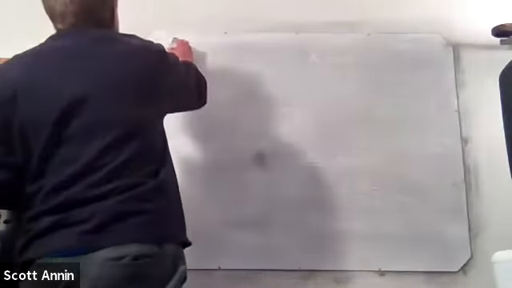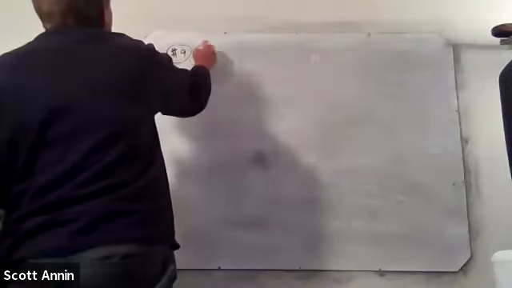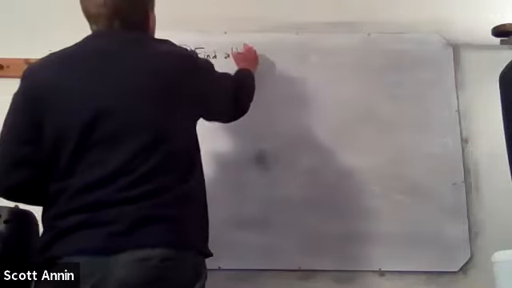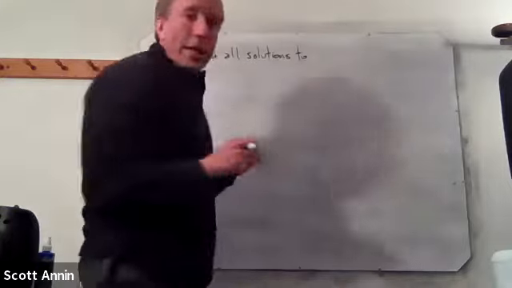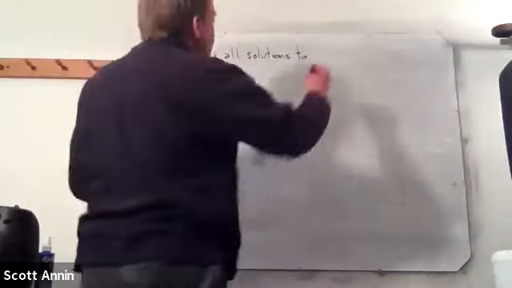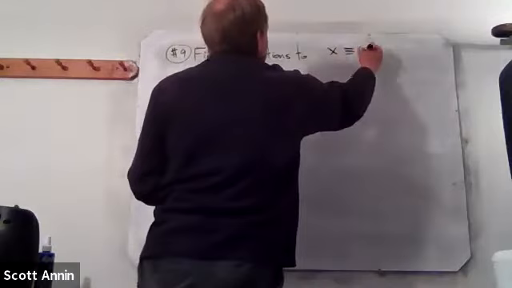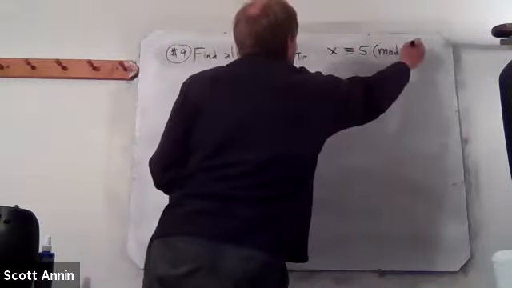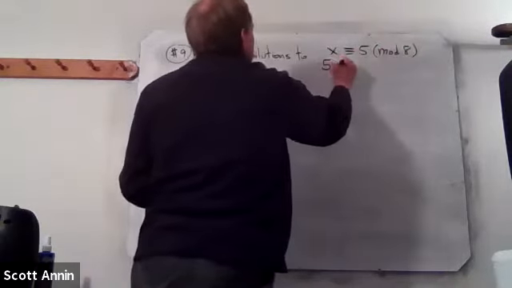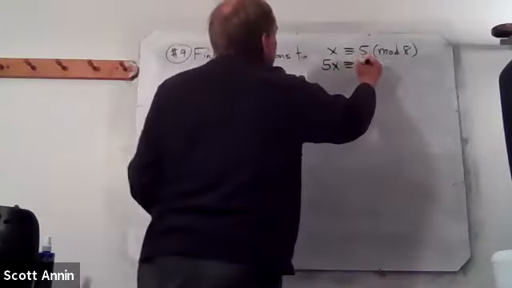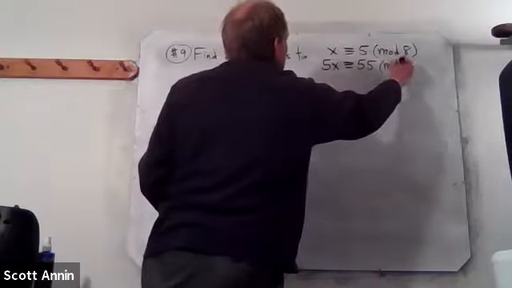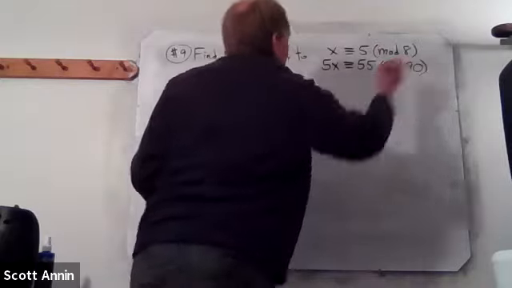Okay, so let's do one more that's just a straight calculation. This is number 9. Find all solutions to the following. I'm going to give you a system again. x is congruent to 5 mod 8, and 5x is congruent to 55 mod 90.